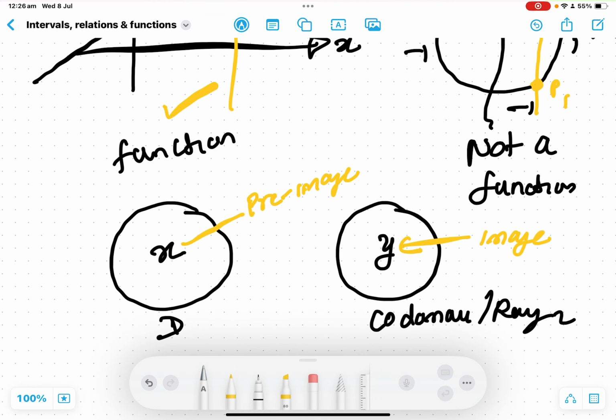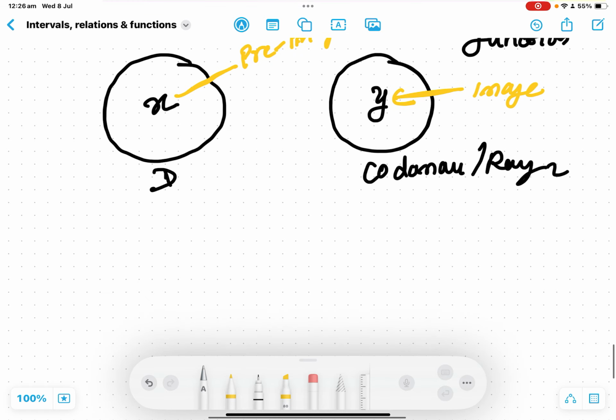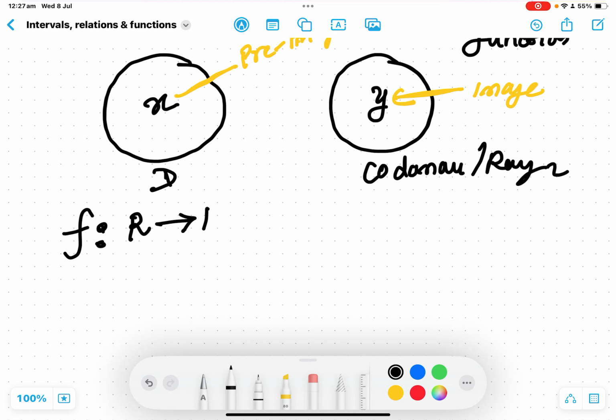And there are some other notations that we use in the functions. So for example, if we want to say there's a function f, and if f is defined from real numbers to real numbers, we basically write f colon R to R, and we can further say f of x equals x squared.